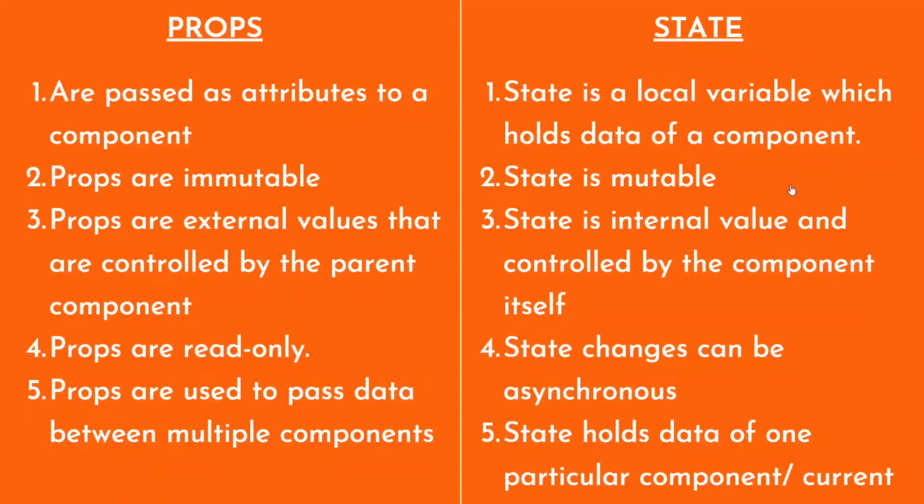The last point: props are used to pass data between multiple components. We are passing the data from parent to child, and again the child can pass the data to its own child. So we are passing the data from one component to another, between multiple components. It can be a hierarchy of components. You can pass the data from parent to child, but you cannot pass the data as props to a sibling component.